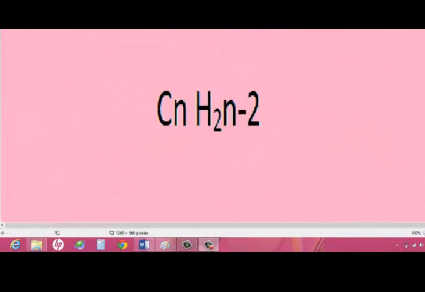Its general formula is CnH2n-2, which means that the number of carbon atoms will be multiplied by 2, and from that multiplication we subtract 2. That will be the number of hydrogen atoms in the formula. But this is only the molecular formula for the alkynes.